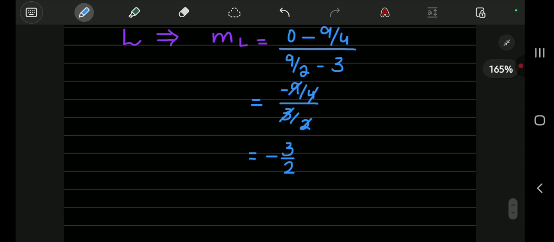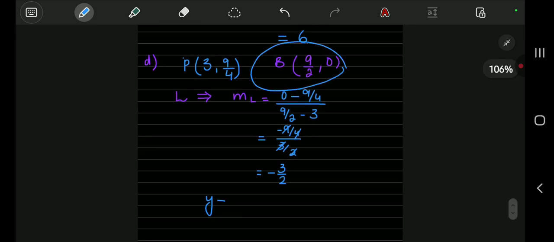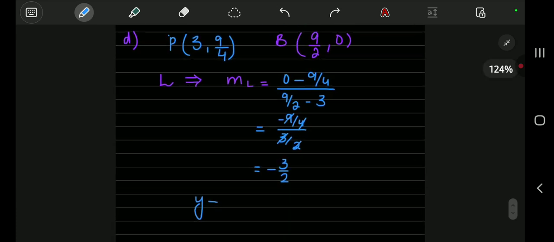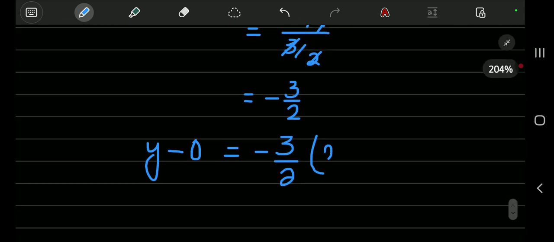The equation of the line is then y minus any one point; let's substitute the point B. y minus 0 equals minus 3 over 2 times x minus 9 over 2.